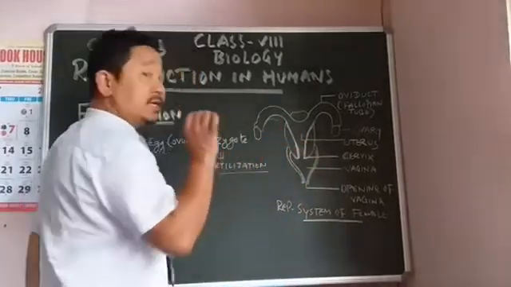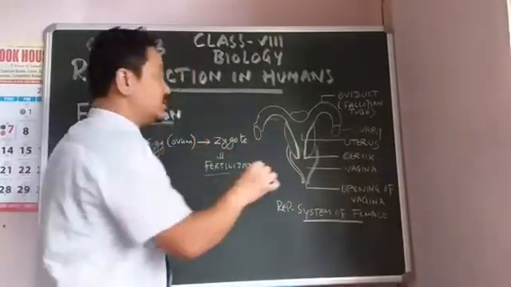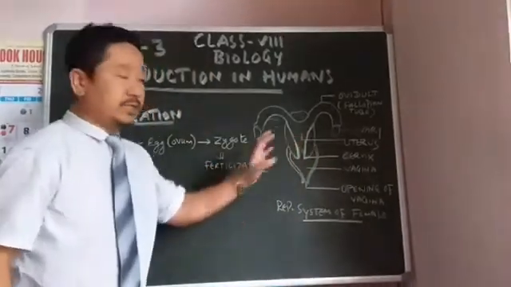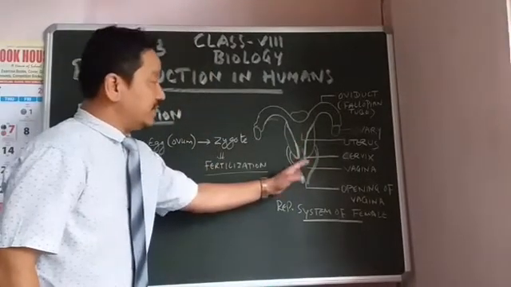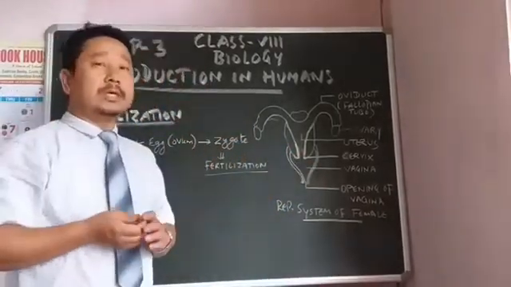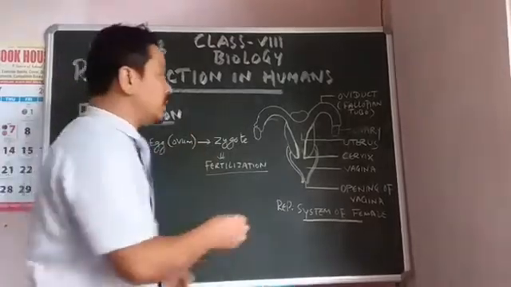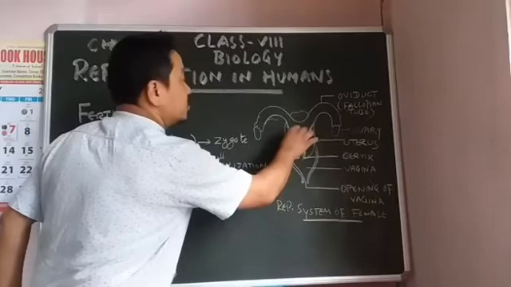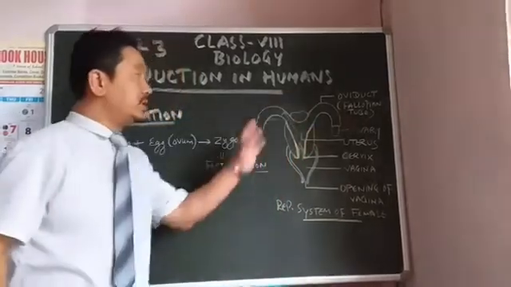This semen containing 2 to 4 crores of sperms is released through the vagina. Out of these 2 to 4 crores of sperms, only a few of them are able to go to the uterus, and from the uterus to the upper region of the oviduct.